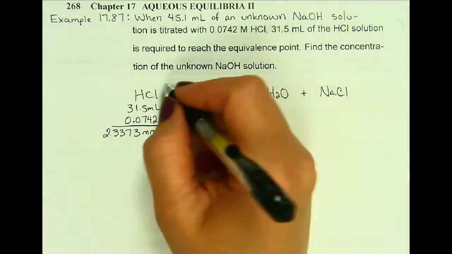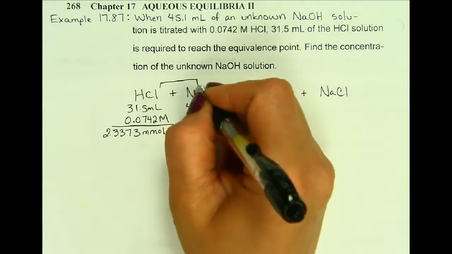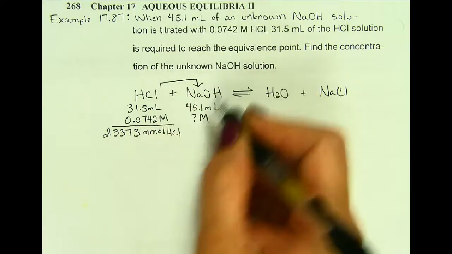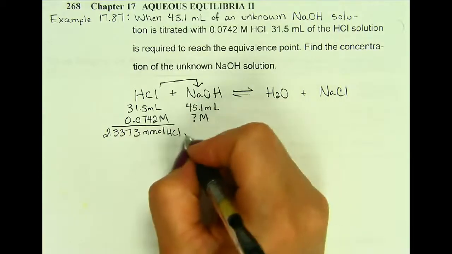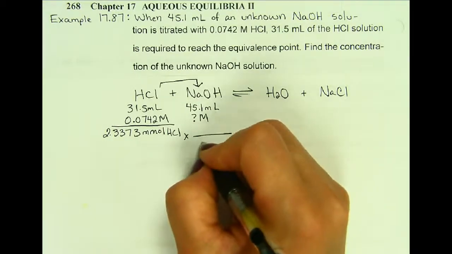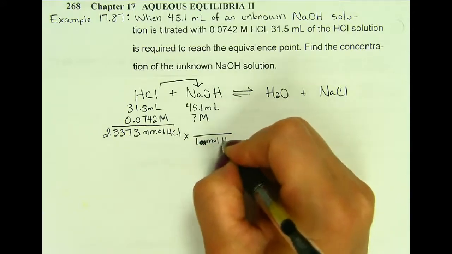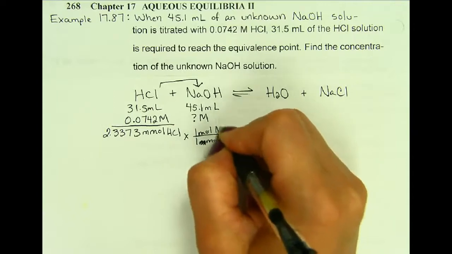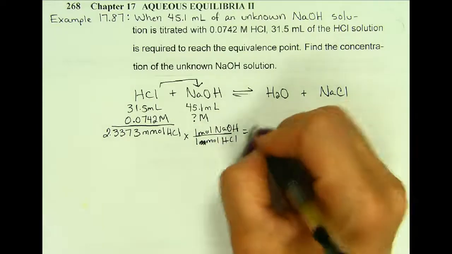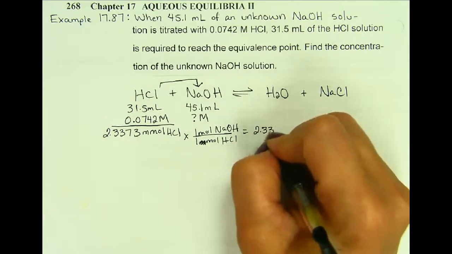Now, I'm trying to determine the amount of sodium hydroxide, so I need a mole-to-mole ratio from hydrochloric acid to sodium hydroxide, and it's 1 mole of hydrochloric acid to 1 mole of sodium hydroxide, which just means we have the same amount, 2.3373.